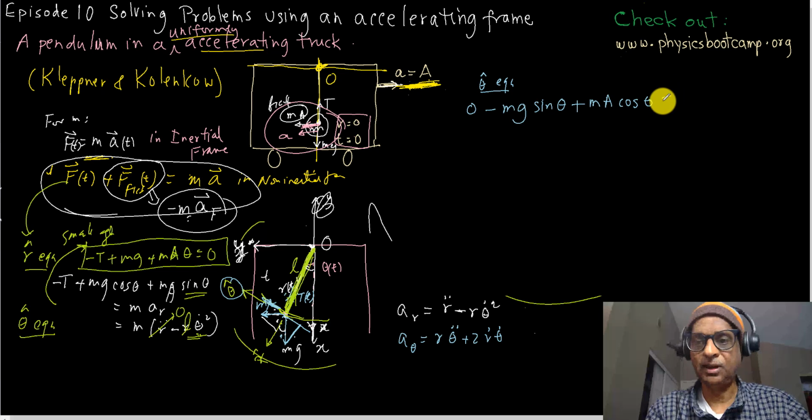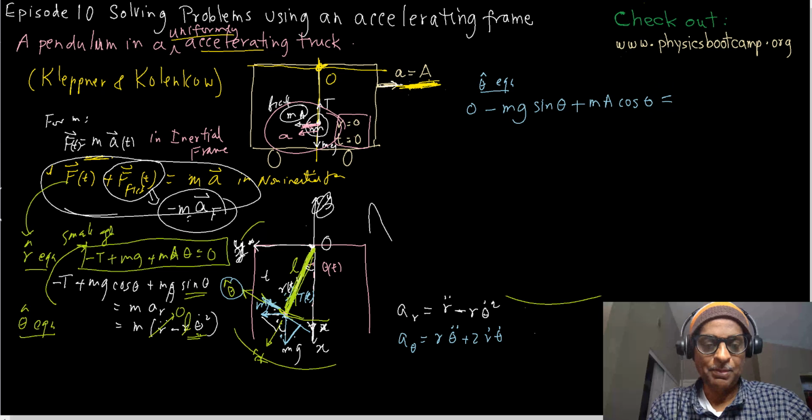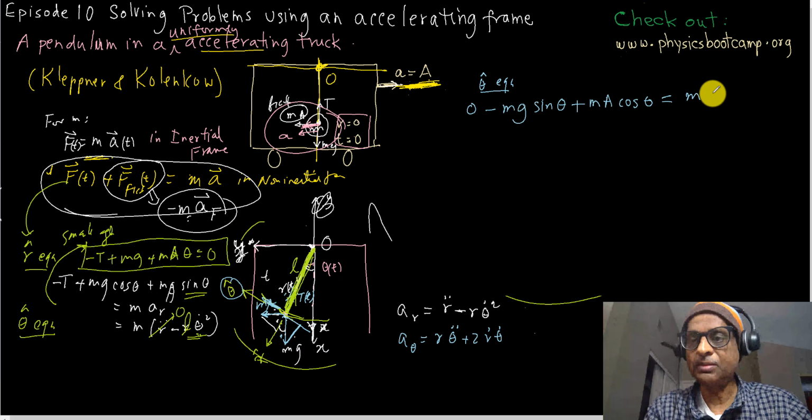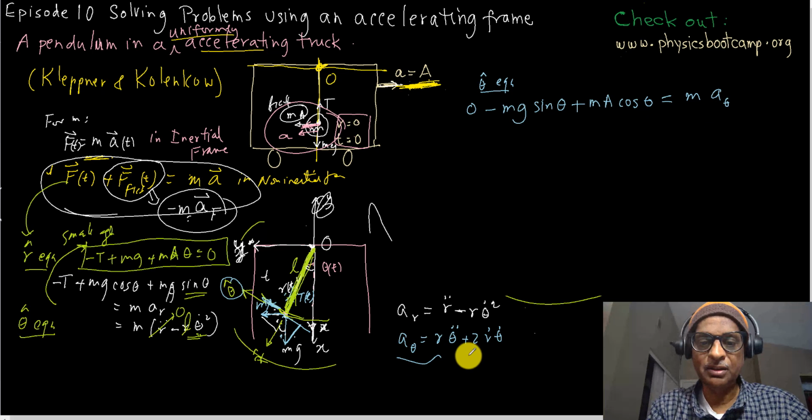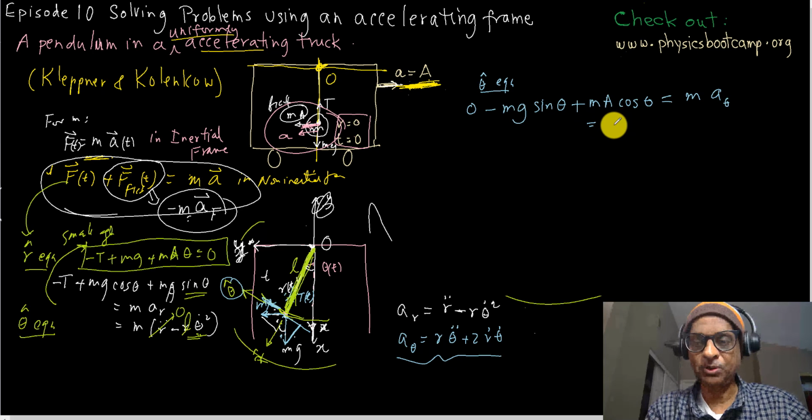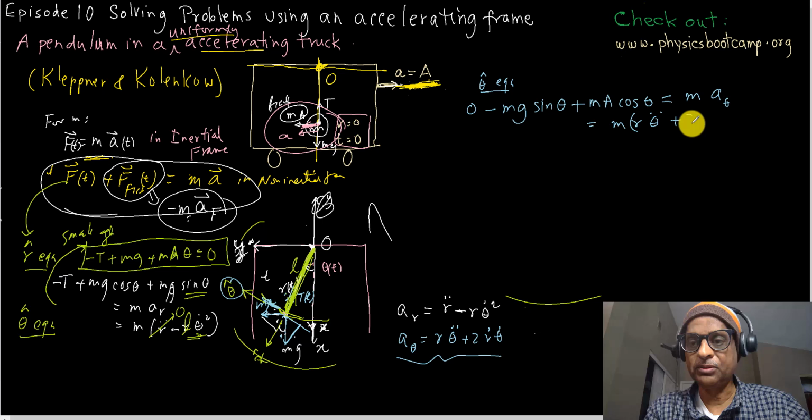And on the other side it's going to be mass times the theta component of acceleration, and the a theta I wrote down earlier from the polar coordinate perspective is r theta double dot plus 2 r dot theta dot.